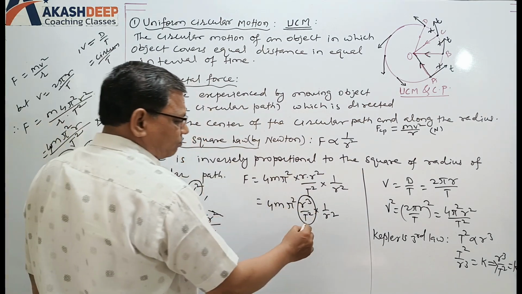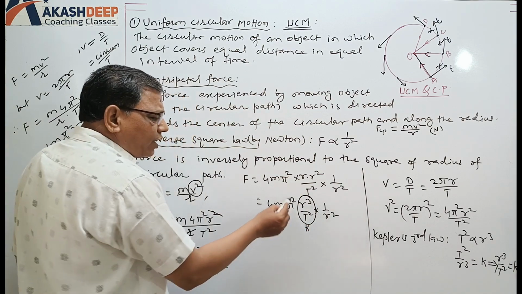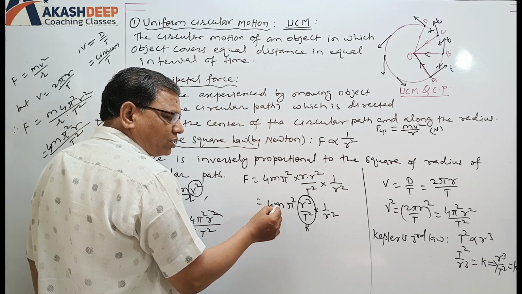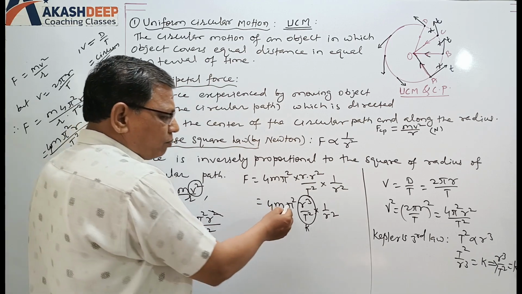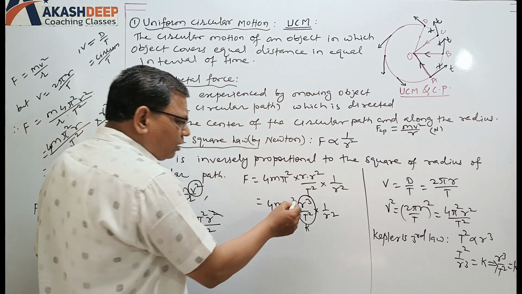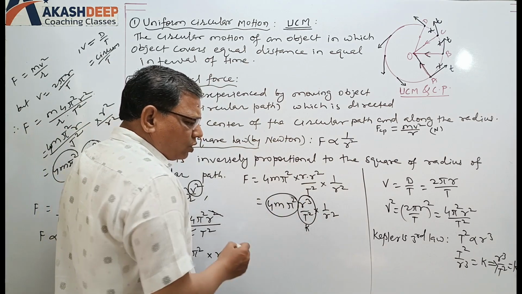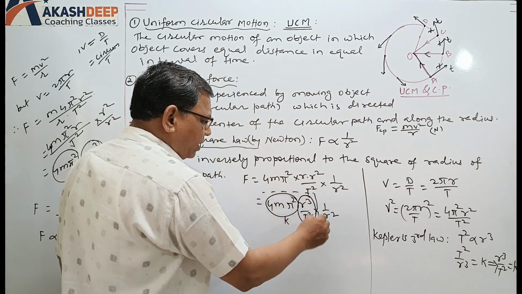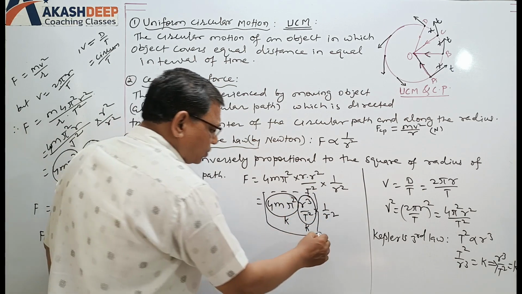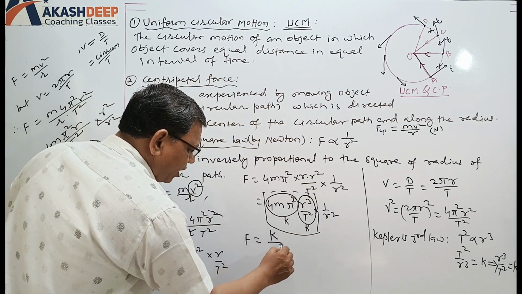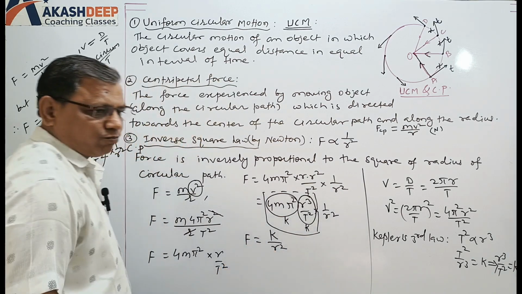This is the first thing. Now the second thing, 4 is a constant number. M, the mass of the object, is constant. Pi square, the value of pi square is approximately 10. That means this part is also constant. In all, we will write this as a constant.